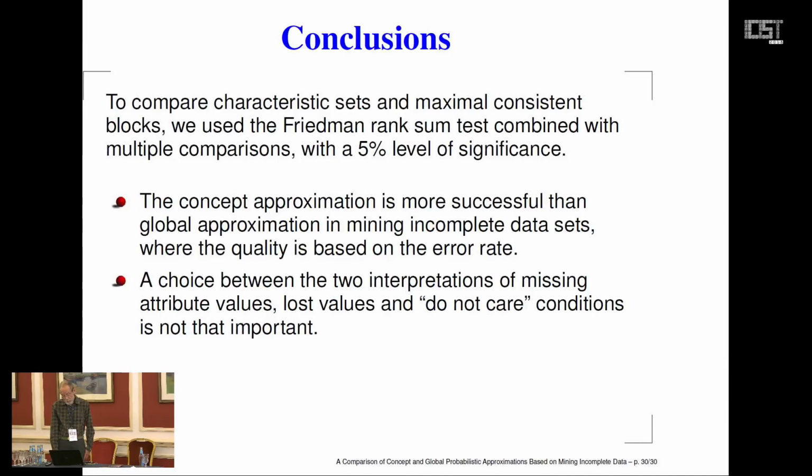And the conclusion is that concept approximations were more successful in general. It means the error rate was smaller. And then we can compare 2 interpretations of missing attribute values, lost values and don't care conditions, and here the difference was not statistically significant. And those are all conclusions that I would like to tell.